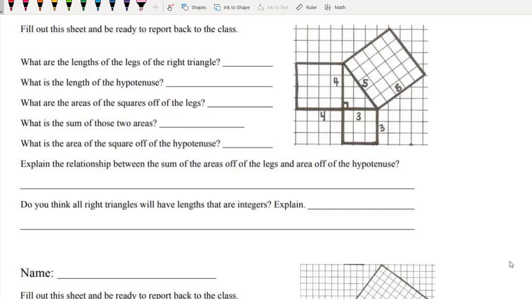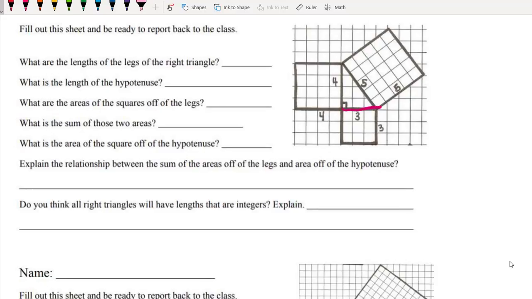So the length of one leg is 3. The length of the other leg is 4. And the length of the hypotenuse, the one that's across the triangle from the right angle, is 5.